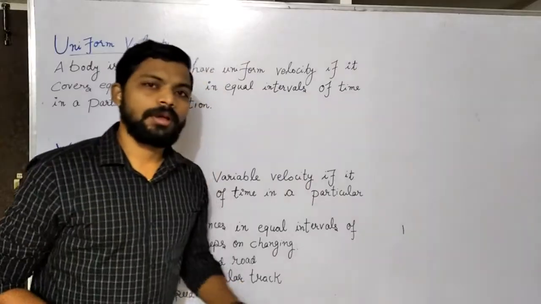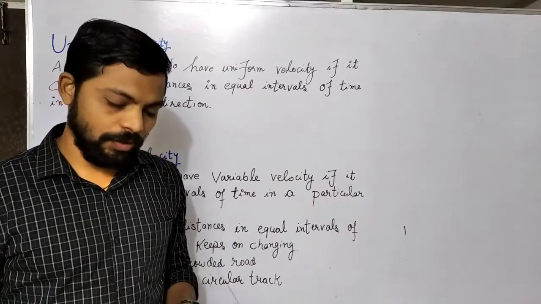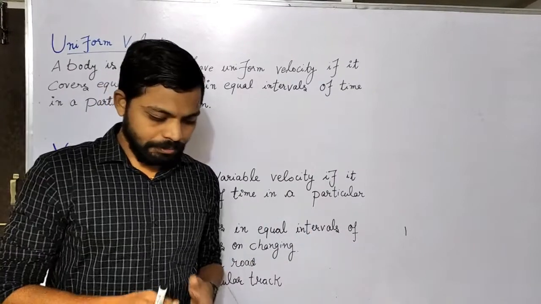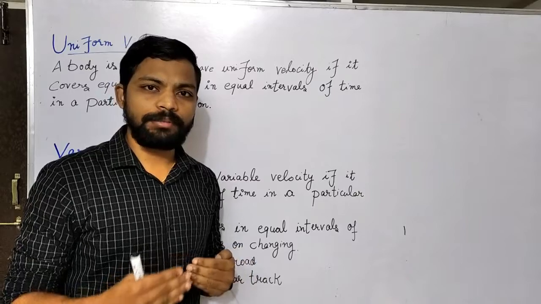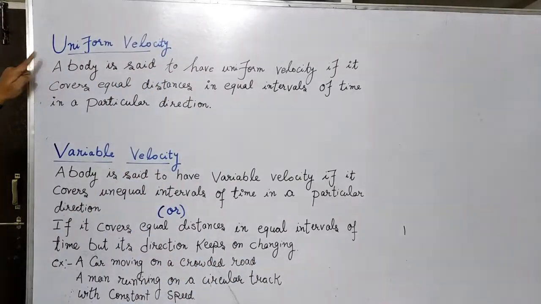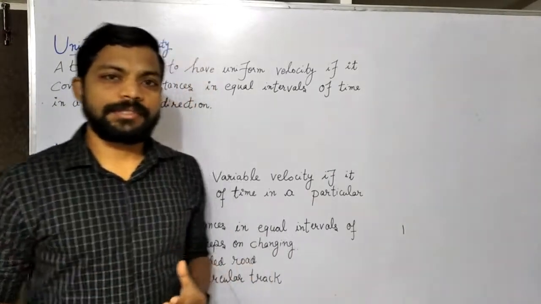Now we are going to learn about the various kinds of velocity. First we'll see what is uniform velocity, and then we'll see about variable velocity. These are the two types, the uniform velocity and the variable velocity. Let us see what they mean.